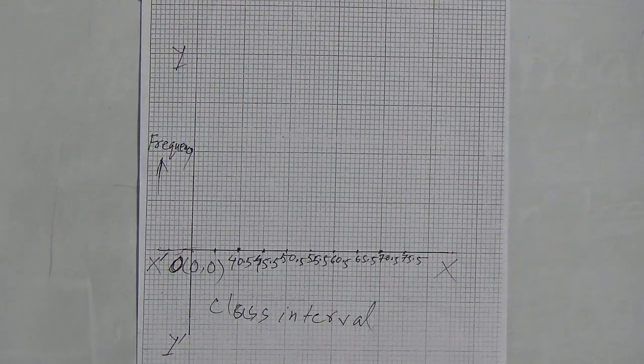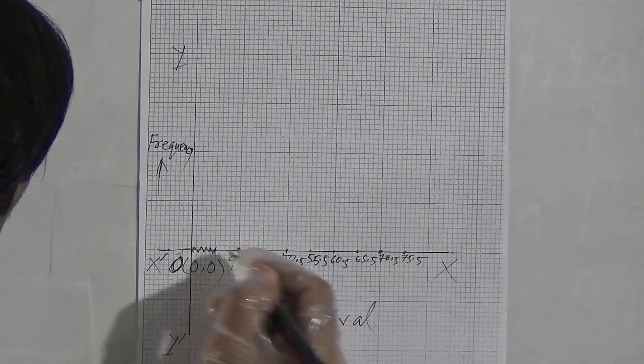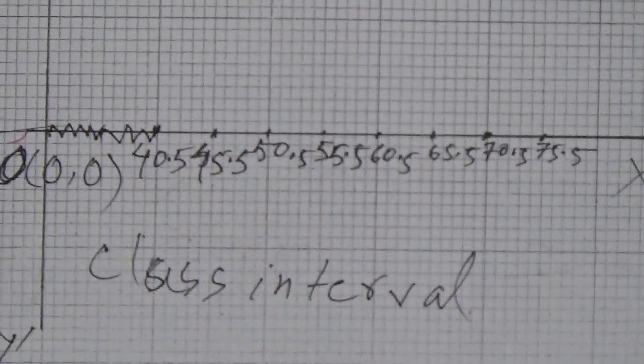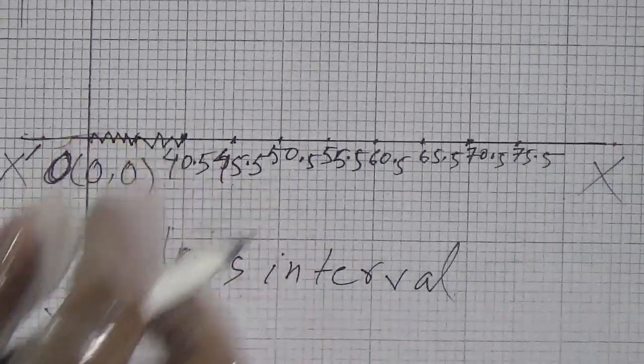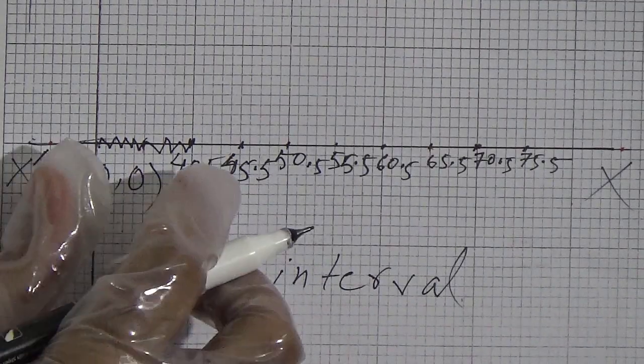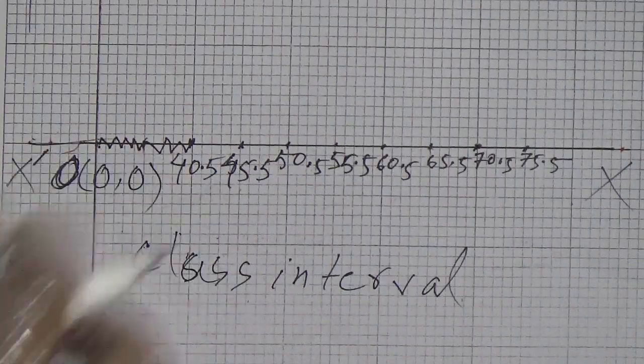Okay, now we have shown the class interval here. This portion we have to denote in this way, as here is 0, but we are starting from 40.5. This portion indicates we have folded the graph papers here, from 0 to 40.5. We have folded the paper here.